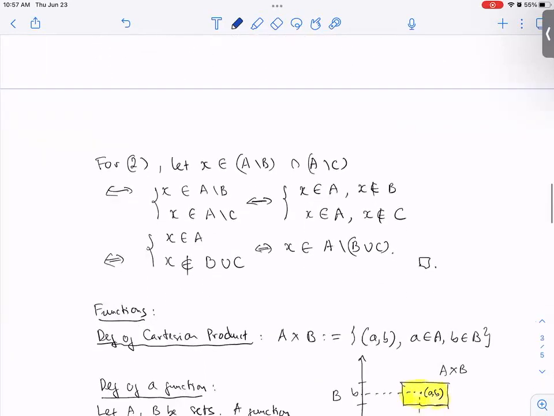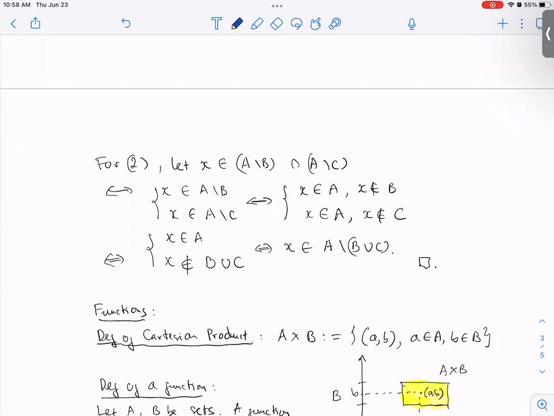And for the second part, we follow a similar line of argument, but we start with an element inside the intersection of the two sets. So X here is in the intersection. So that's why X must be an element in each of these sets.